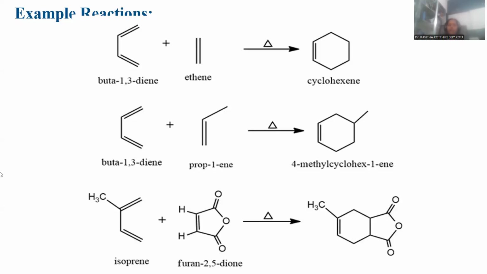I am taking methylation over 1,3-butadiene at position number 2, which is called isoprene in general. Isoprene is treated with this furan dione. Here is the double bond which is in conjugation with another double bond, and here is the double bond which is the dienophile.